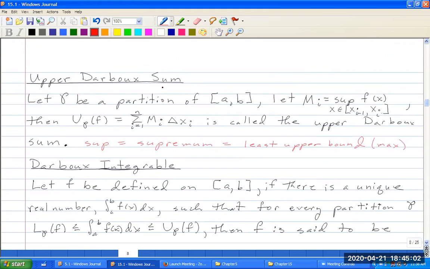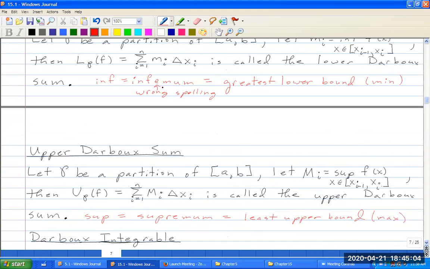Okay, that's how you spell it. Infimum. Sorry, I had to look it up because I did have an I there. It didn't look correct, but it doesn't matter. And supremum. Okay, sorry, I just wanted to check spelling.